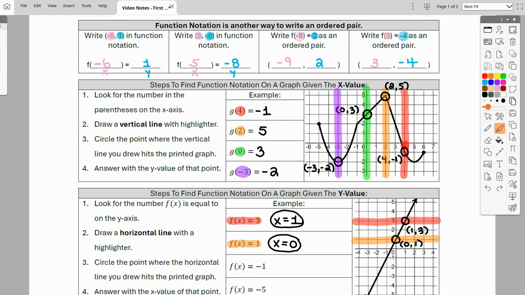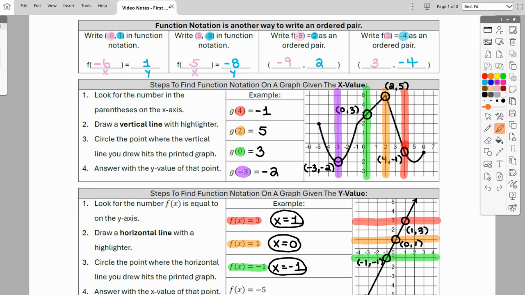Finding the next value, f of x equals negative 1, that's going to be on the y-axis, highlighting straight across a horizontal line at negative 1. Circling where that meets my printed graph, that point is negative 1, negative 1. And I answer with the x value of that point, x equals negative 1.